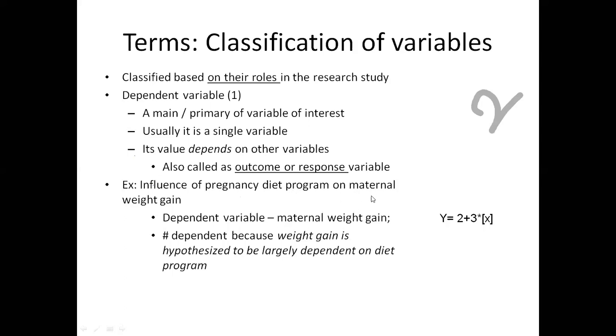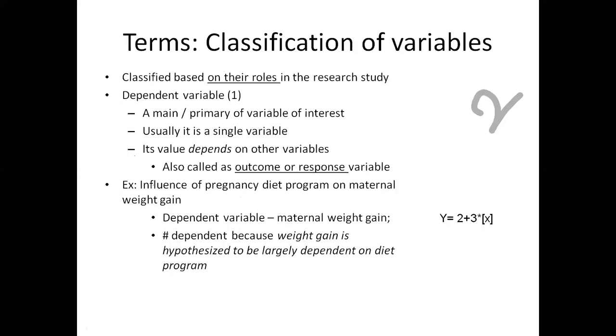So the response on maternal weight gain is based on which diet program the woman is on, right? Whether there will be a high or low maternal weight gain will be decided by the type of diet program the pregnant woman is on. So that variable is called the dependent variable, right?